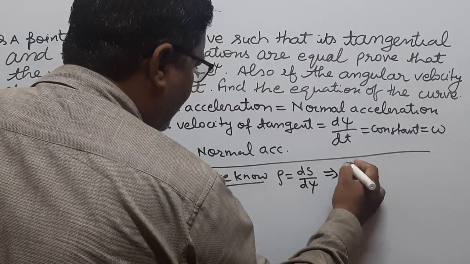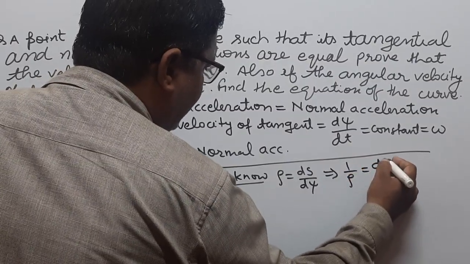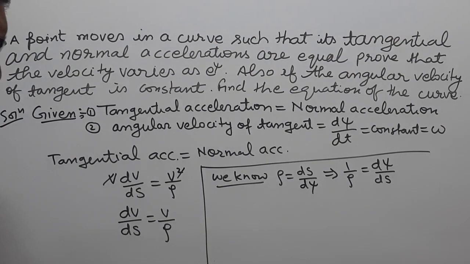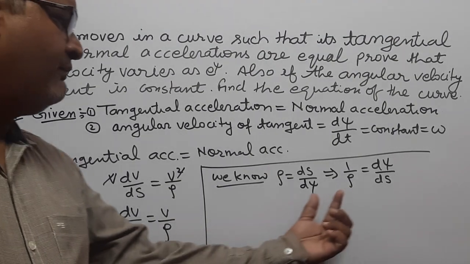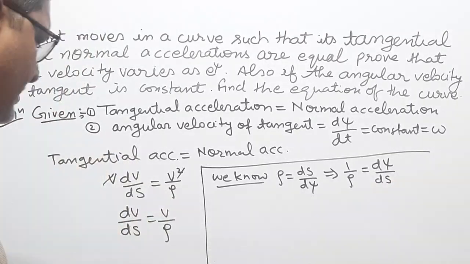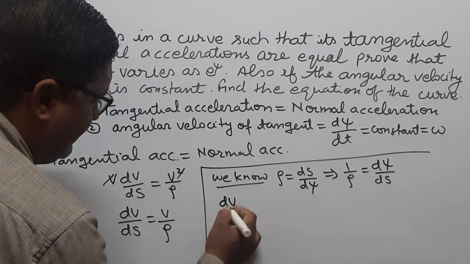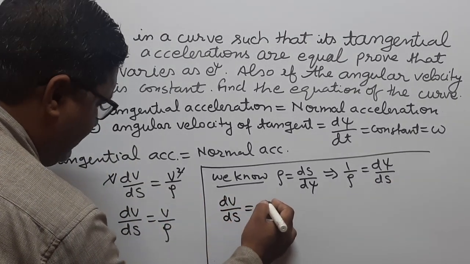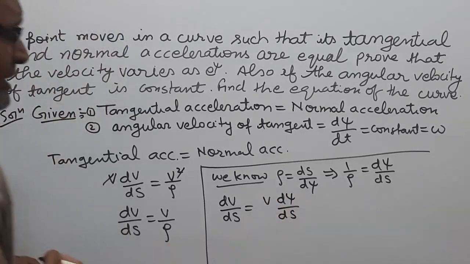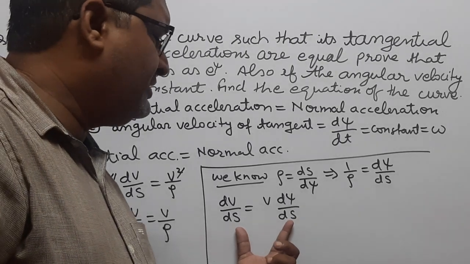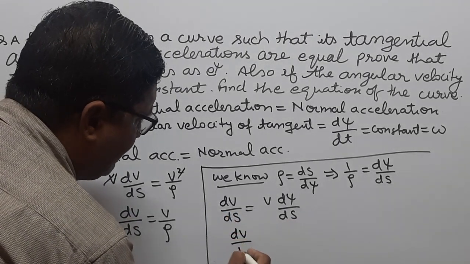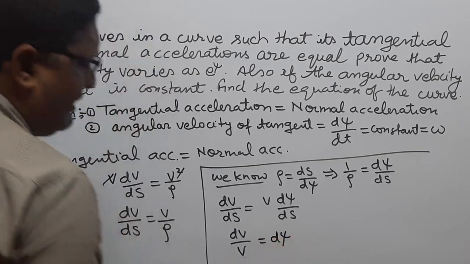So 1 upon rho is d psi upon ds. Putting this in the above equation, we get dv upon ds is equal to v multiplied by d psi upon ds. Now on both sides this ds is cancelled out, so dv upon v is equal to d psi.